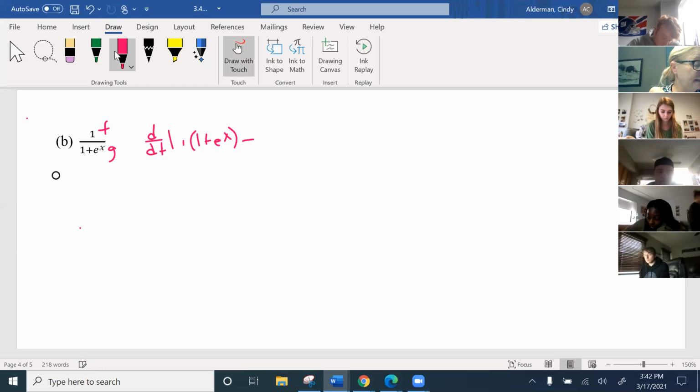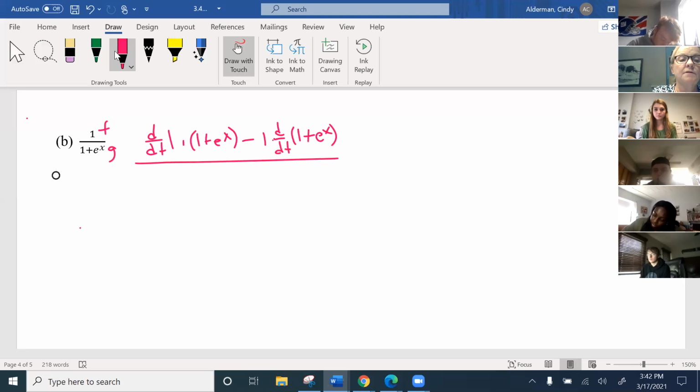Then we're subtracting the original function, which is 1 times the derivative of the other function g, which is 1 plus e to the x. All of that goes over 1 plus e to the x. That's your g function squared.